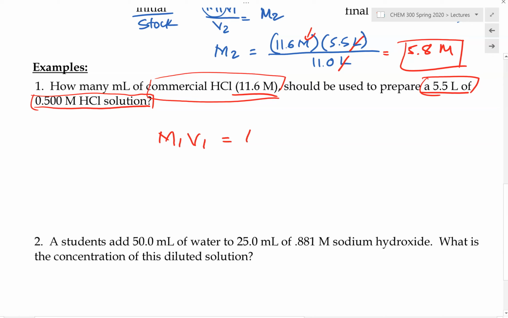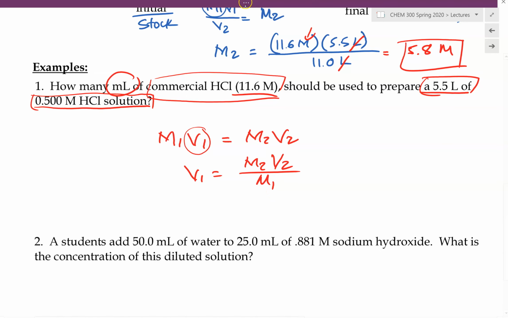M1V1 equal to M2V2. And here in this case, it is asking us what is the volume of the stock solution. So it is asking us to solve for V1. And solving for V1, we would see that V1 would equal M2 multiplied by V2 over M1. So that's how we would solve for V1.